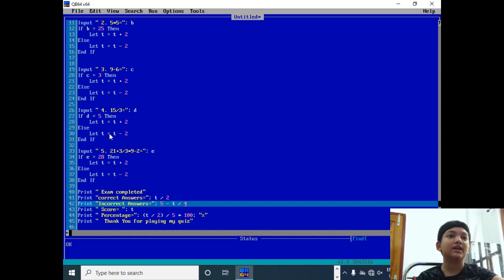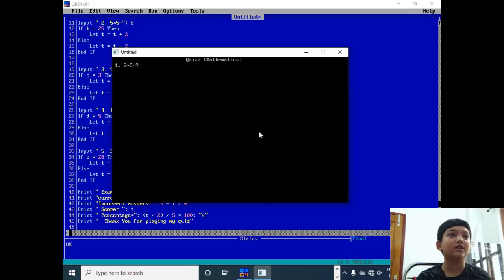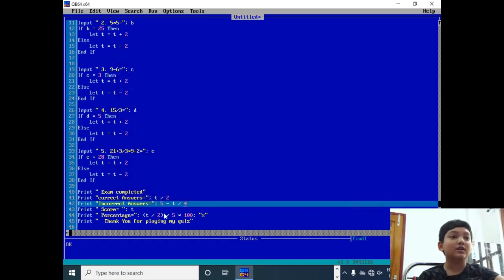Now let's run. If I am giving t divided by 4, what comes? Let's see. 7, then 20, then 3, then 5, and then 28. See, incorrect answer is 3.5, which is not correct at all. So here negative marking has some other features.